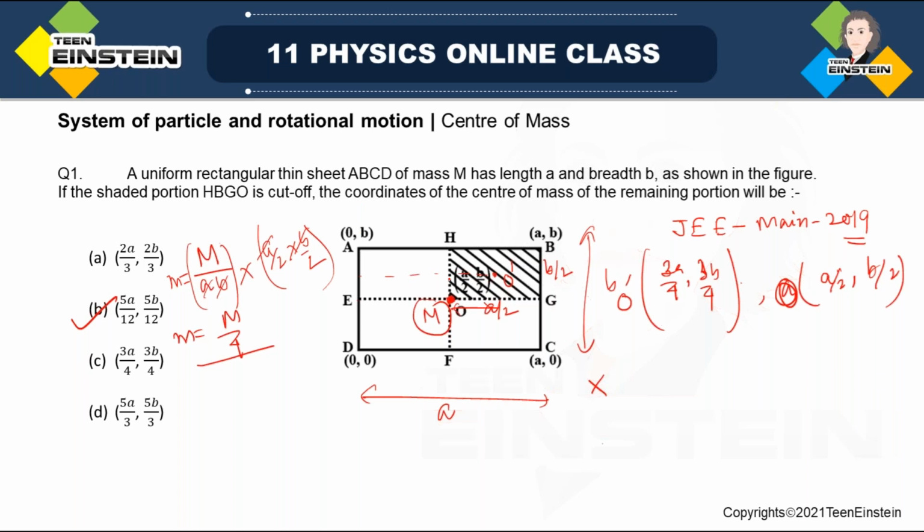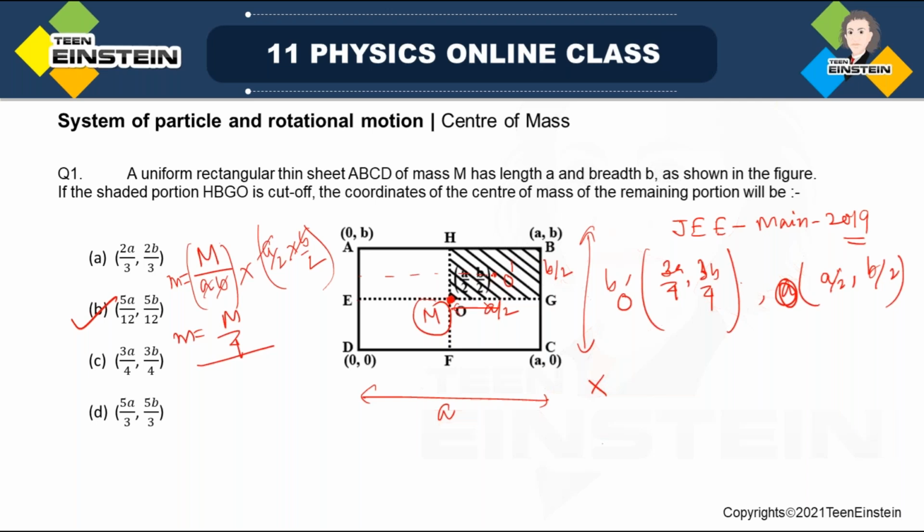We should have an approximate center of mass for the whole lamina at the middle. This center of mass can be treated as a point mass of capital M, the whole mass small m I had taken here, and the coordinate will be a by 2.